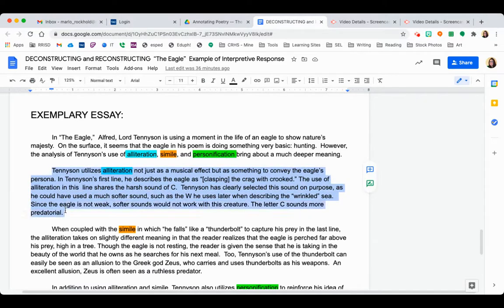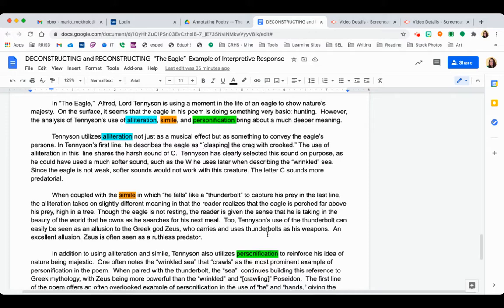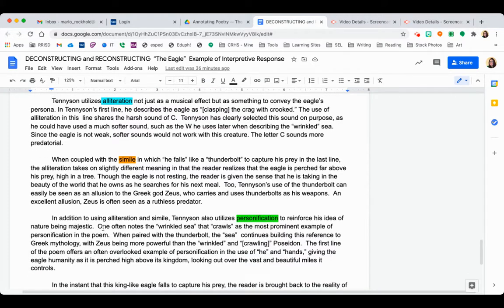I closed up gaps in my thought process by adding in that conversation of alliteration so that when we got to the paragraph about the simile, it started to make more sense. I also cleaned up that weirdness where we started our analysis talking about the last line of the poem. So instead, we started the analysis talking about the first line, and then we jumped to the last line, and that's okay. And then we talked about what was going on in the middle of it.